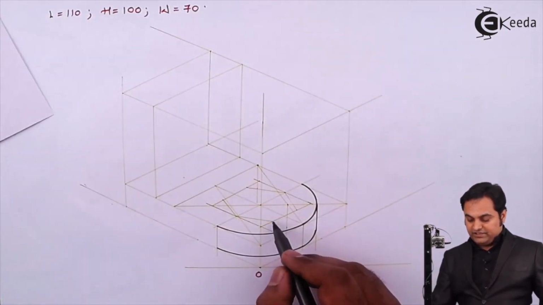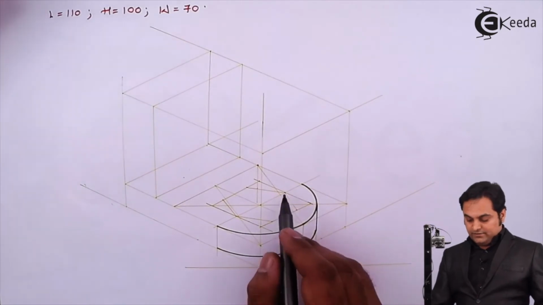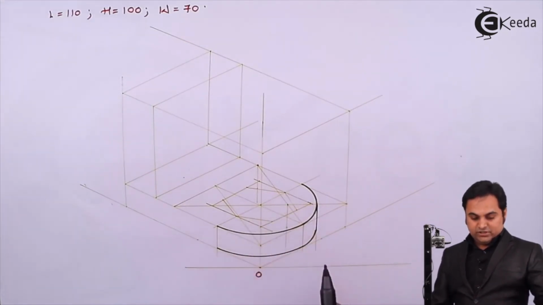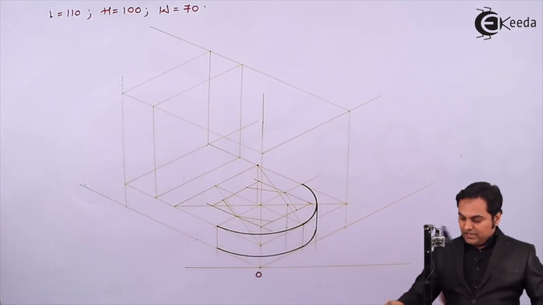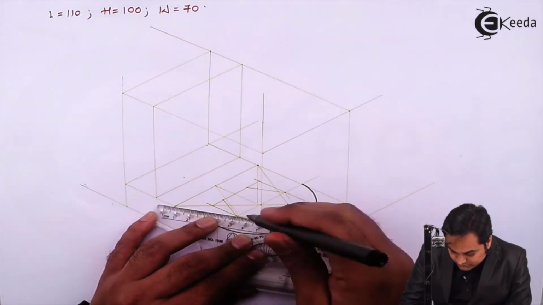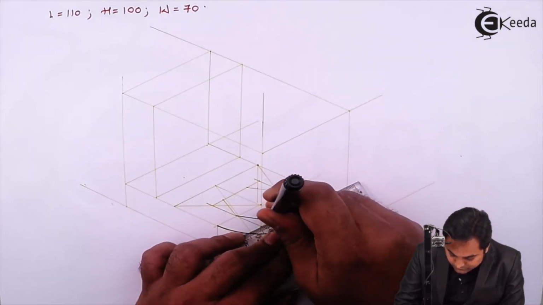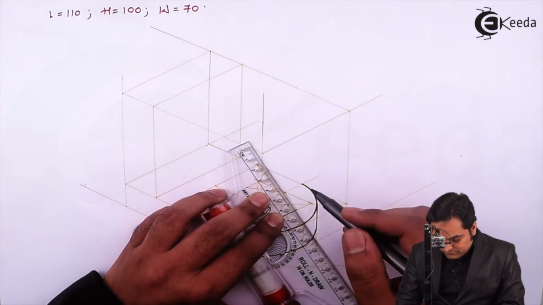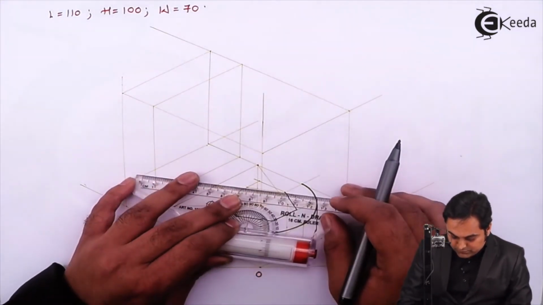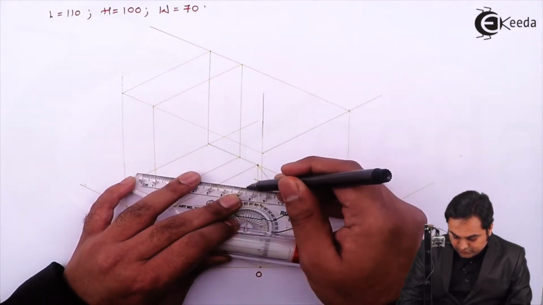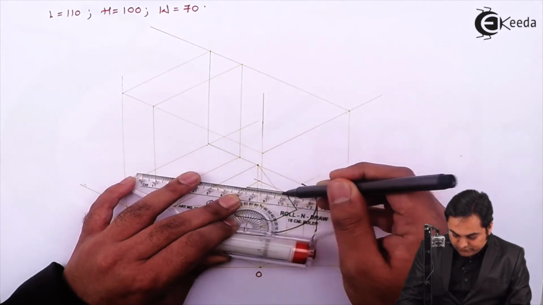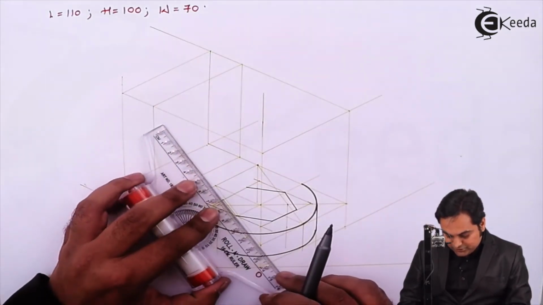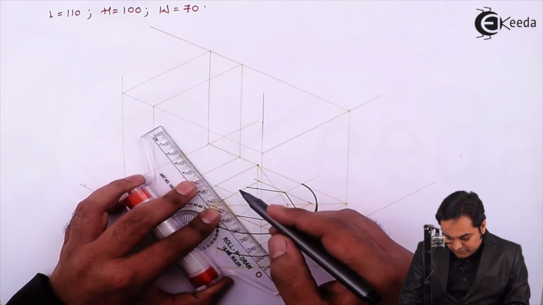I have drawn the side of the hexagon here and the corners are at this location. Now I'll make it dark. So this is the way the hexagon should be drawn in case of isometric projections, that is inside the parallelogram.